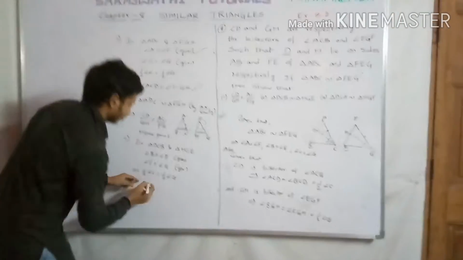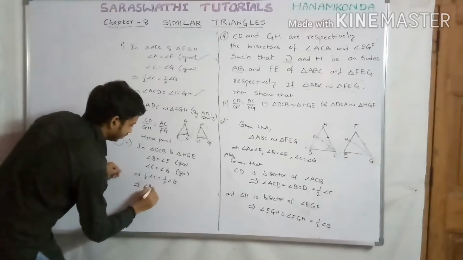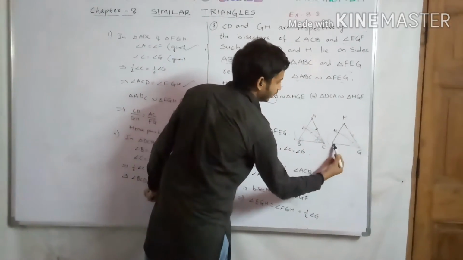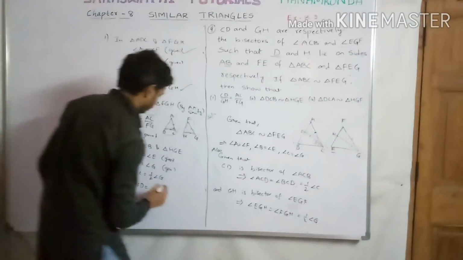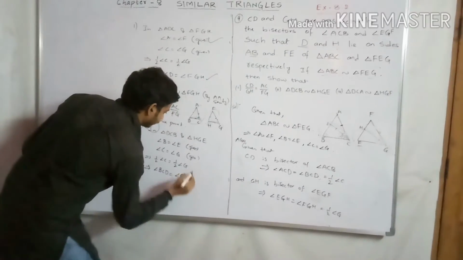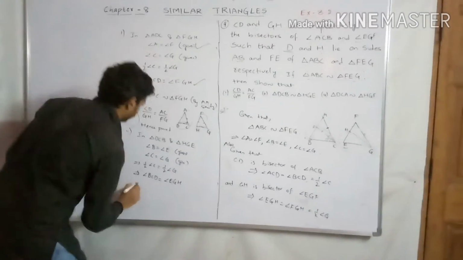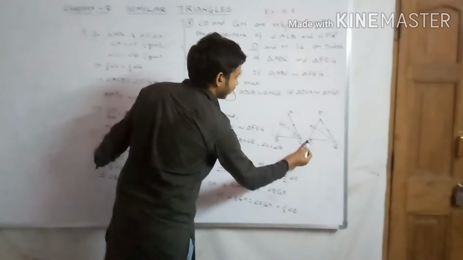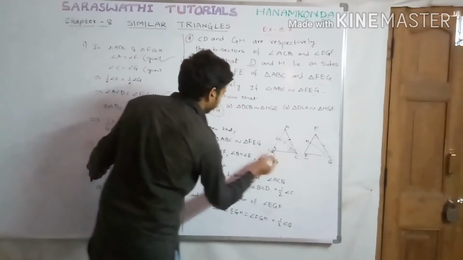So angle BCD equal to half of angle G. Similarly, half of angle G we can write as angle EGH.